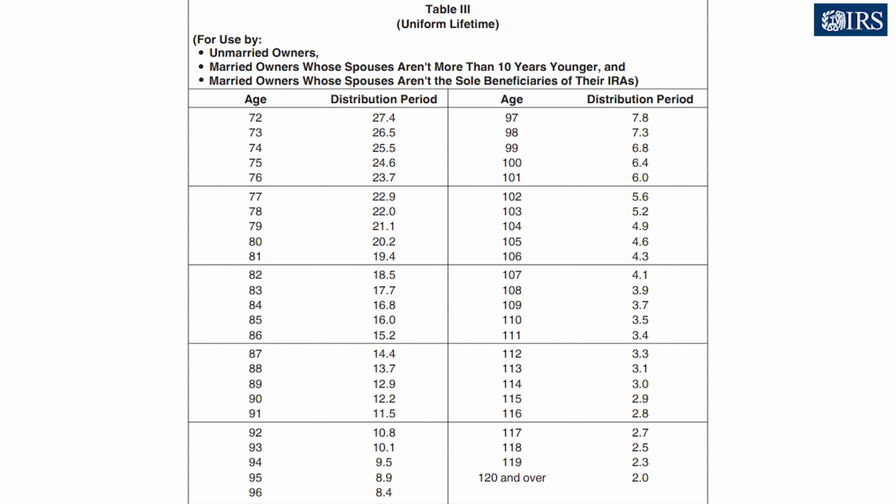That would give you the nice round number of $3,773.59. That's what the minimum amount is that you'd have to withdraw from your pre-tax retirement account. If you withdraw more than that, no problem. If you withdraw $5,000, no problem. $10,000, no problem. But you've got to at least withdraw that amount, if not more.